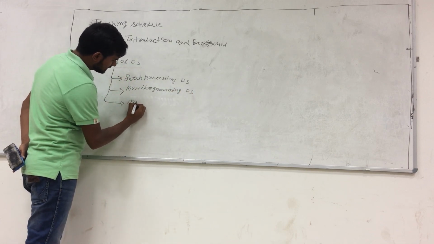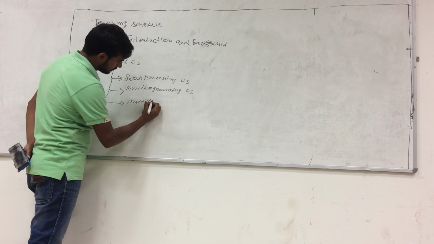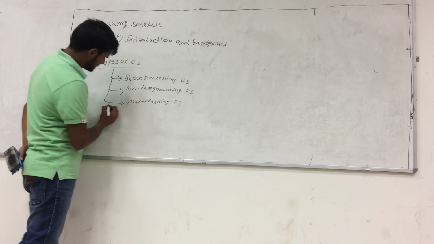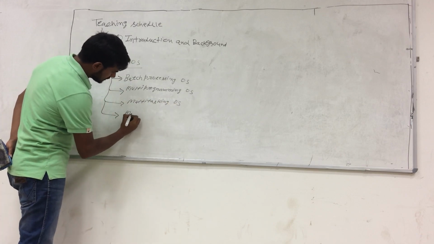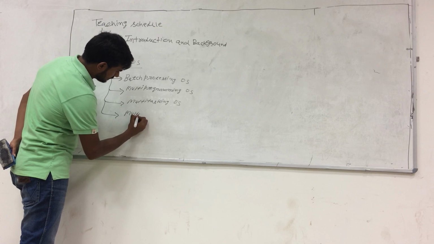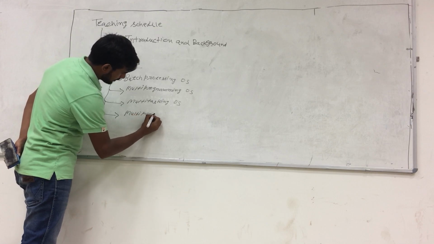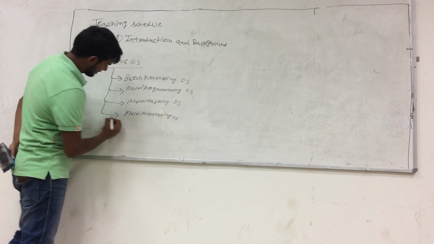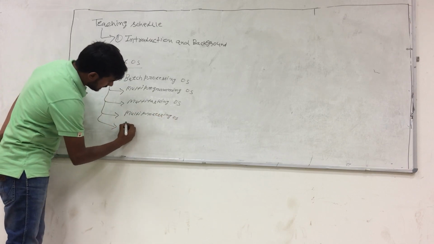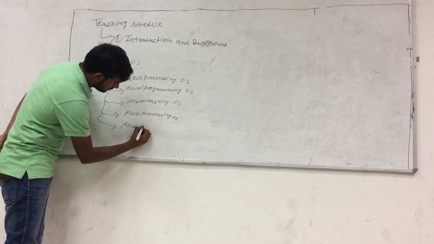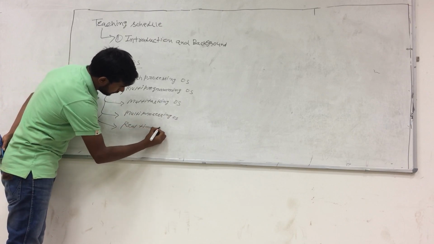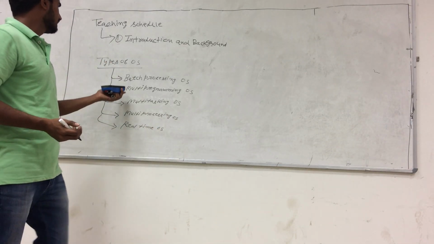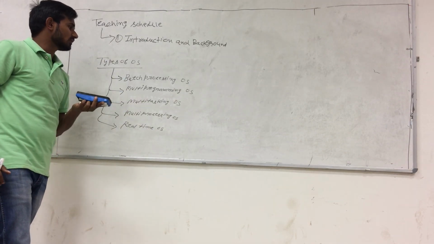Maybe multitasking operating system. Next is multi-processing operating system. And last one is real-time operating system. So we have to discuss one by one. First one, we have to discuss what is the batch processing operating system.